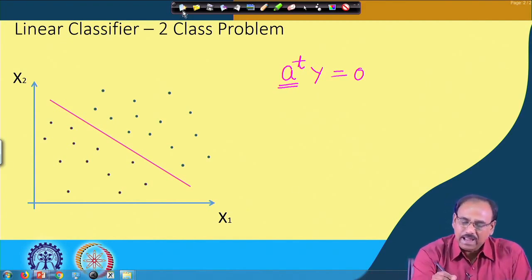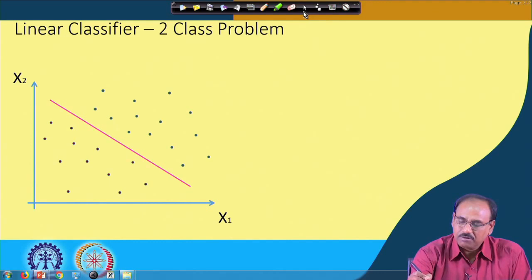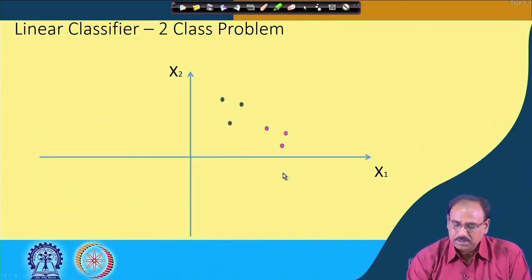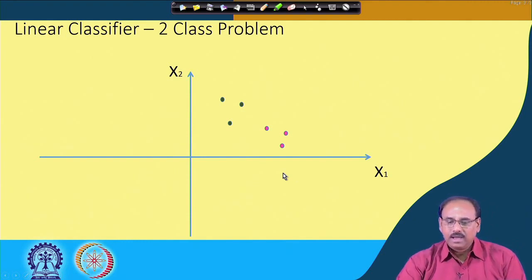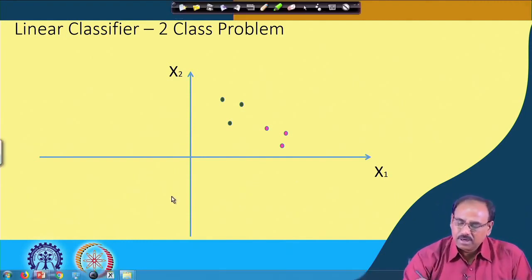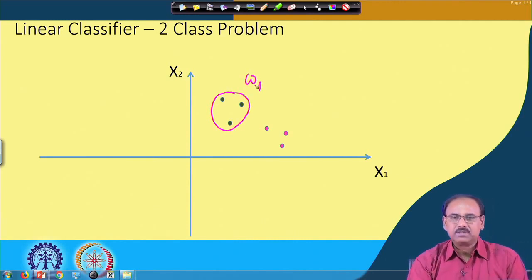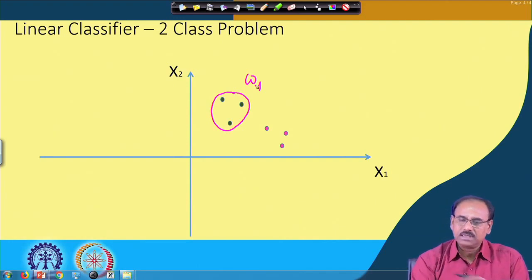In order to see that, let us take a very simple example. Here I have samples taken from class omega 1, with a smaller sample size for clarity of the pictures. These are the feature vectors taken from class omega 1 and these are the feature vectors taken from class omega 2.